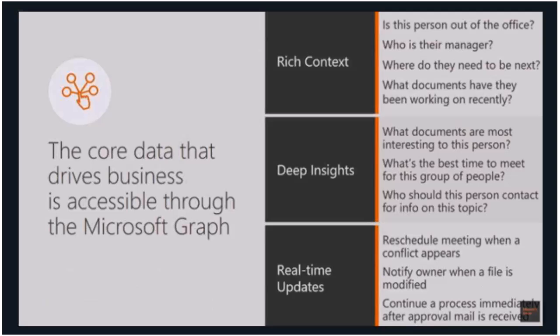So here's a list of a couple of things, right? The core things you're doing every day in Office 365 get exposed. So if I'm writing an application that has some sort of workflow, I can easily say, is this person out of office? Who do I go to?